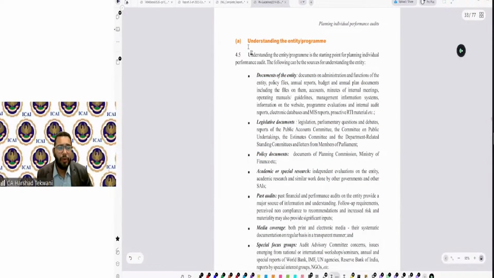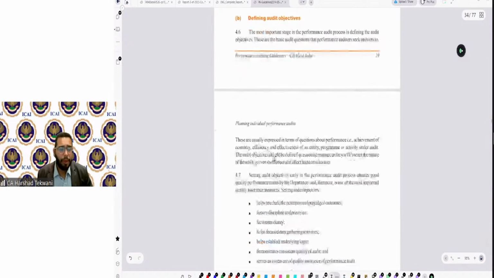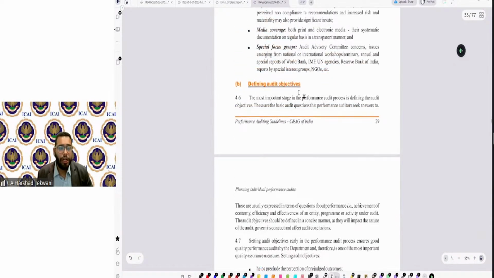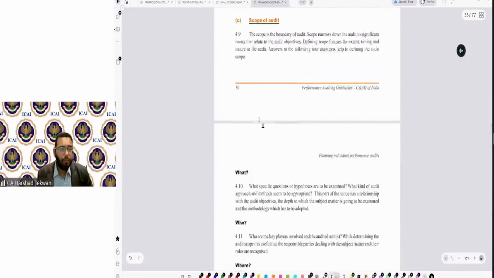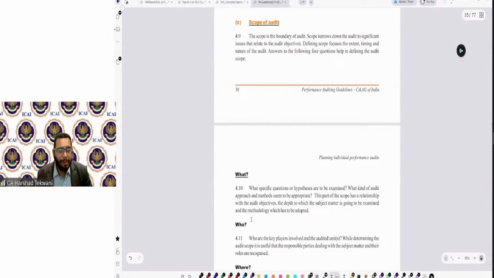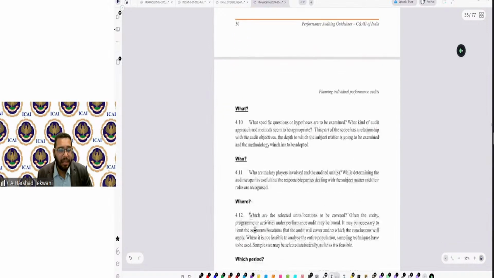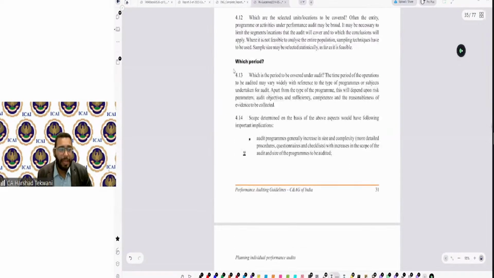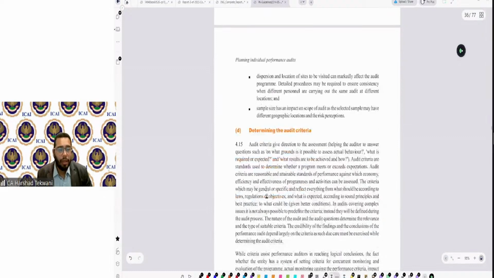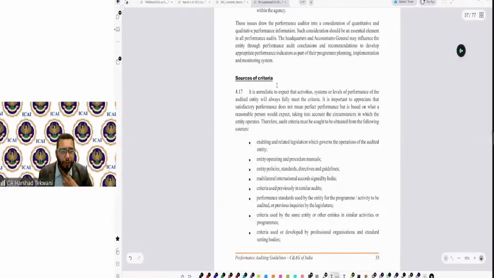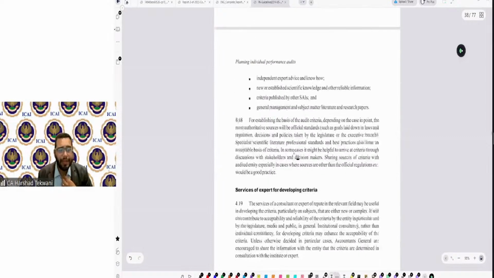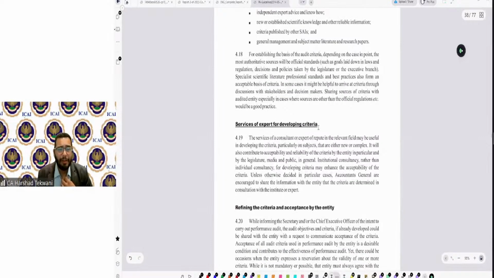For example, you need to understand the entity or program. You need to define audit objectives and the scope of the audit: what will be audited, who the key players will be, where the entity is situated, and which period is covered. Then determine the audit criteria, the source of criteria, and whether the services of an expert for developing criteria could be obtained.